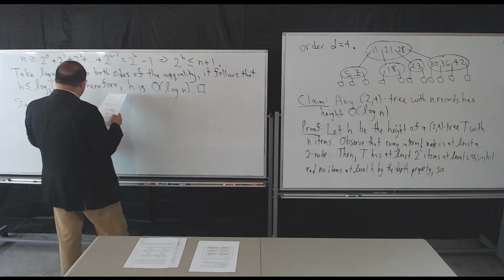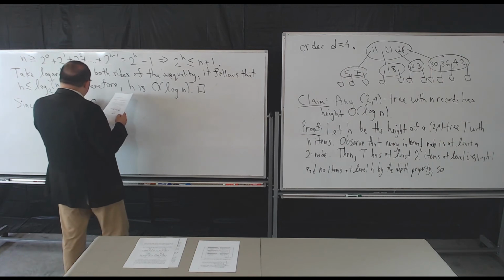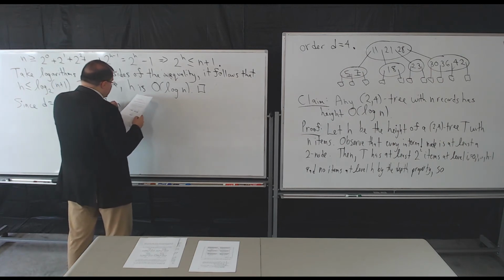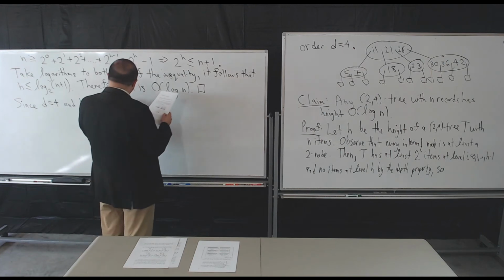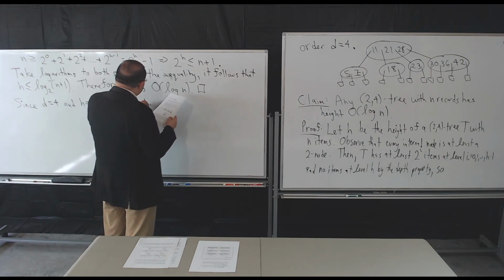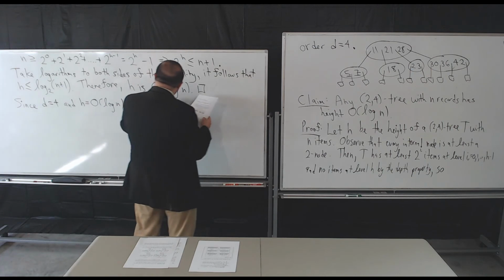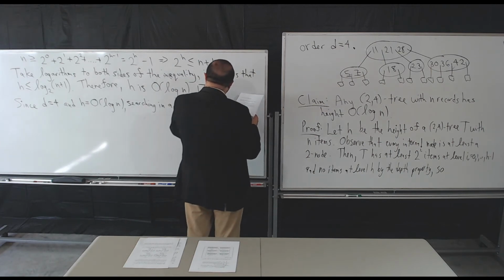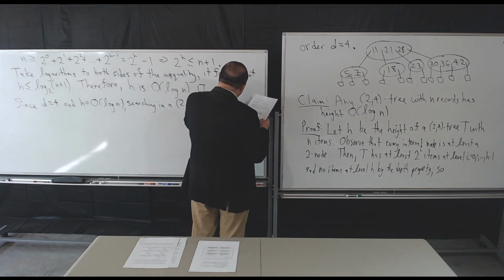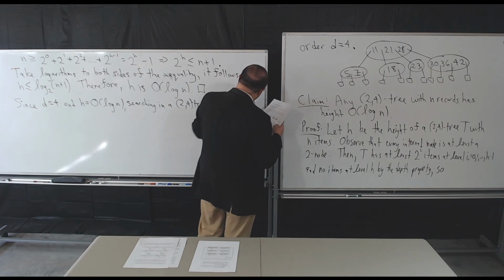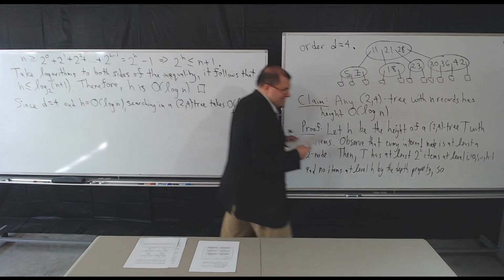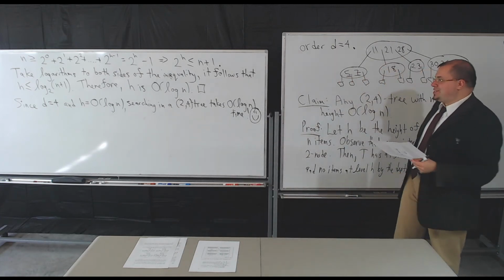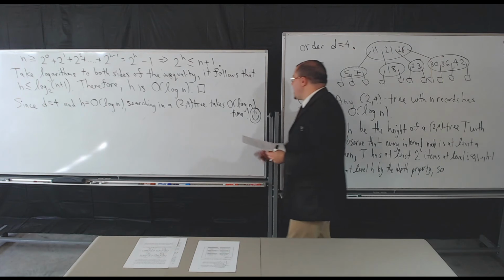Since d is 4 and h is big O of log n, how long should searching in a 2-4 tree take? So searching in a 2-4 tree takes big O of log n time. Yes. So we got our logarithmic search times, just like what we had before, which is nice.